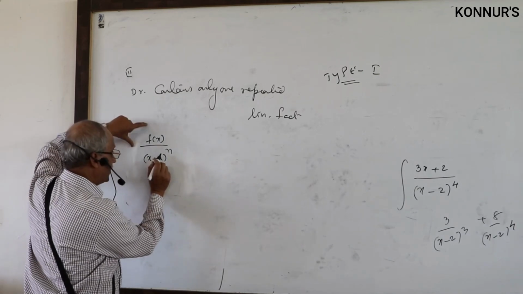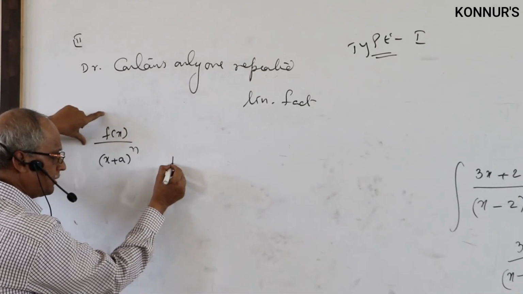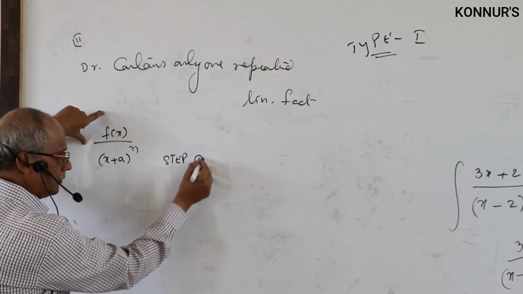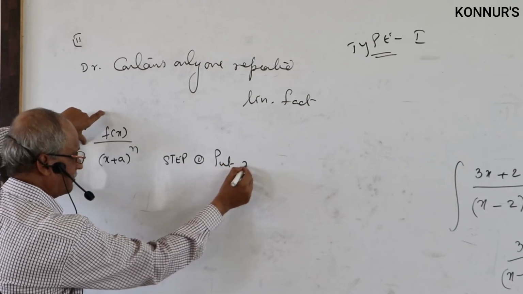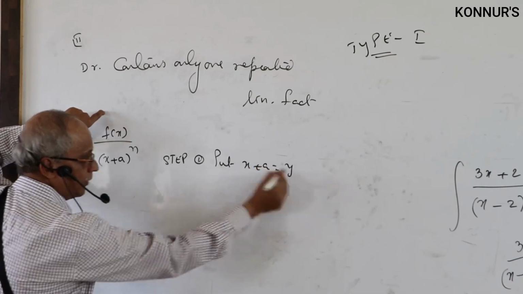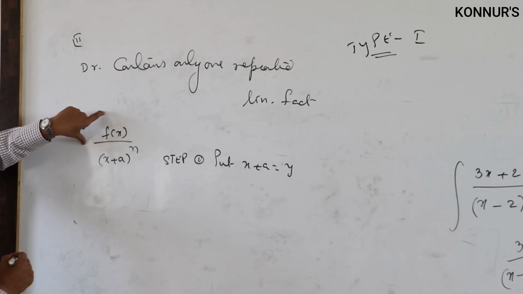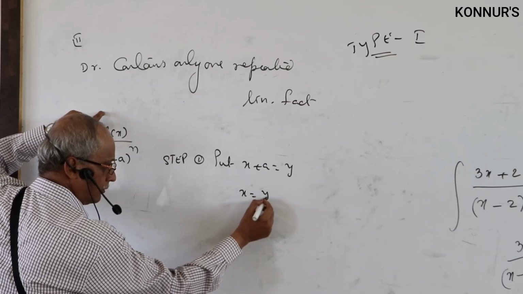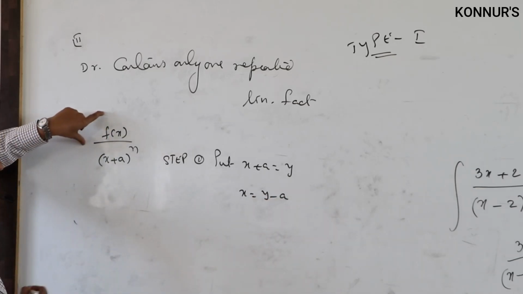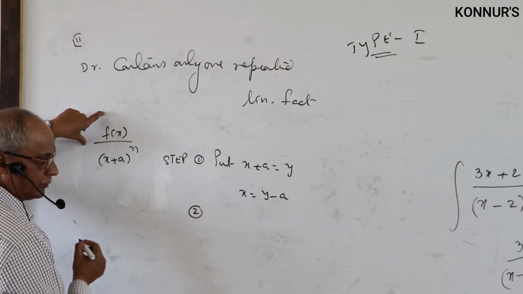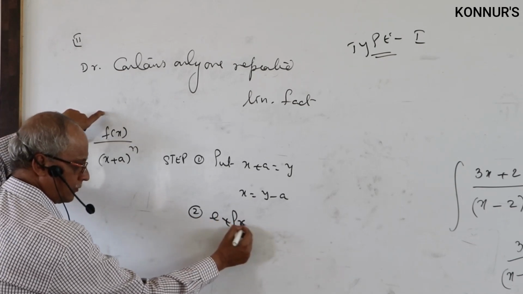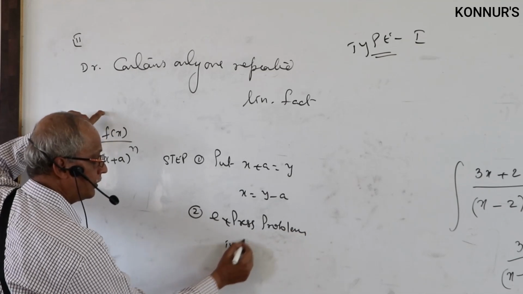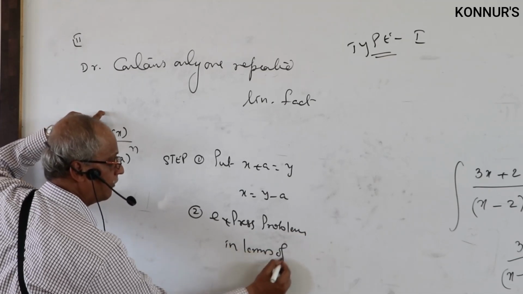Right? Then what is our working rule? First step, put x plus a equal to y, so x equal to y minus a. Second step, express the given problem in terms of y.